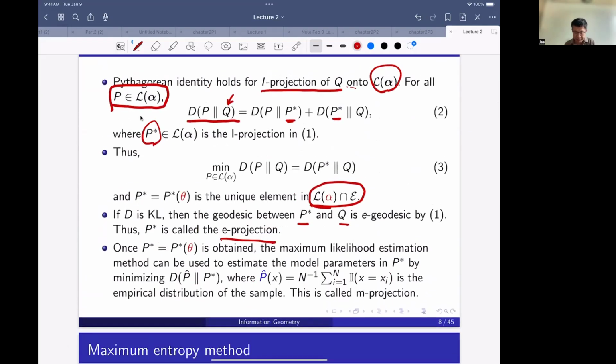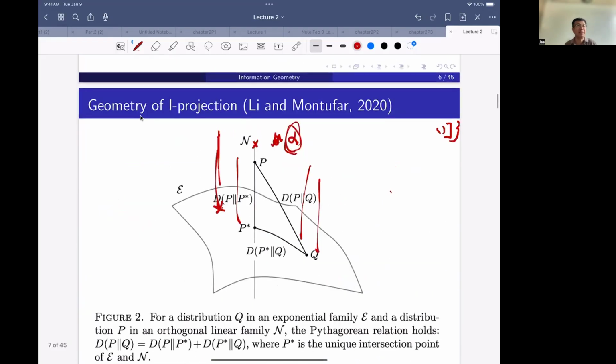Now what really matters is which vertical line you want to choose. Turns out that you want to choose the one that has a p hat in it, right? So you want to choose the one that coincides with the empirical mean of your sufficient statistic.